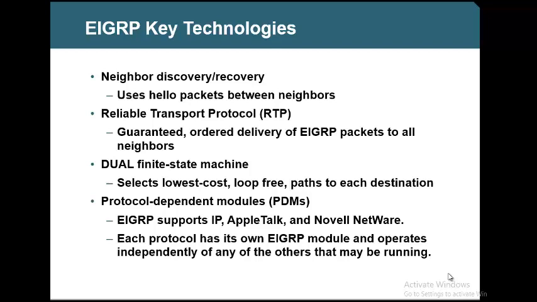Number one, how the neighbor discovery happens. In RIP there is no neighbor discovery. RIP routing protocol never discovers neighbors.